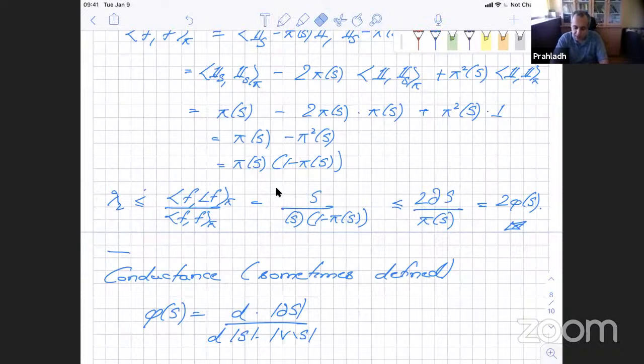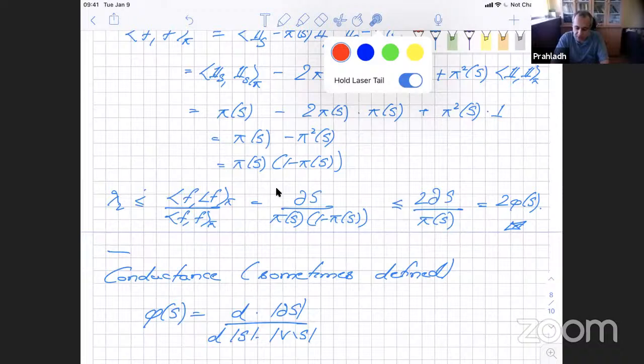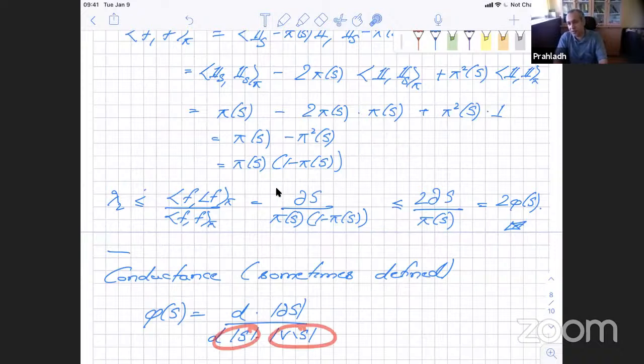You would have stopped at this part of the proof, because this quantity will exactly be this. It will be dou s, times pi s will come from here, and 1 minus pi s will come from there, if you have defined conductance this way. But the difference between this notion of conductance and the other is only a factor of 2, because we only consider the smaller size set. This is sometimes defined this way, but we won't use it in our lectures.